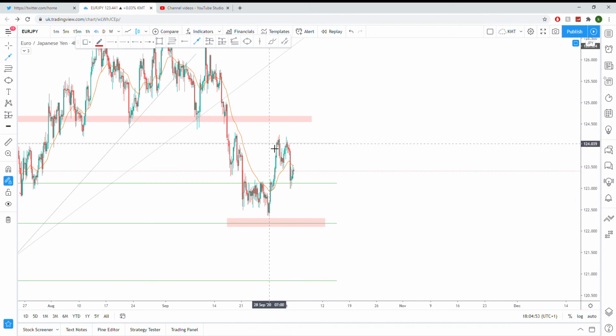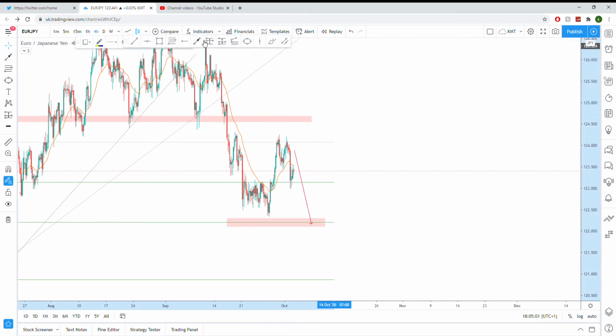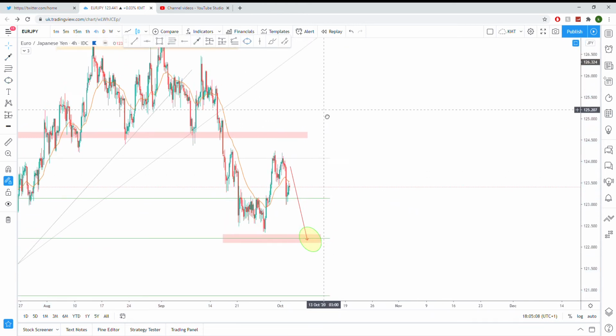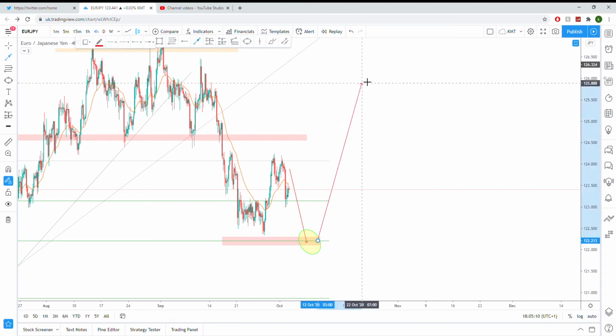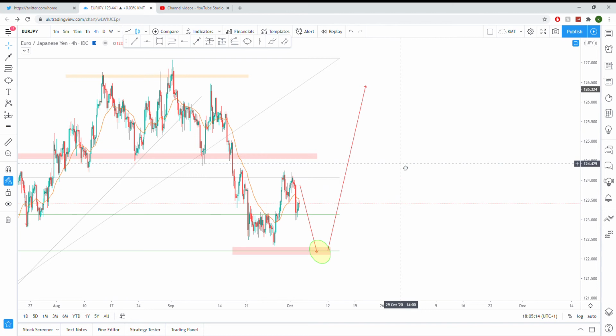We can see that we've had some rejection of 124. See price pull into this area, then my next step is to see how price reacts to this level. And from here, I want to see price catapult to the upside. It could be a very interesting week for EURJPY in the long run if we can get this final move.